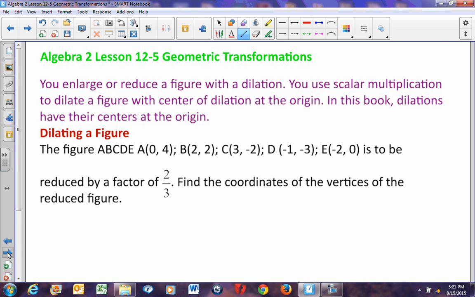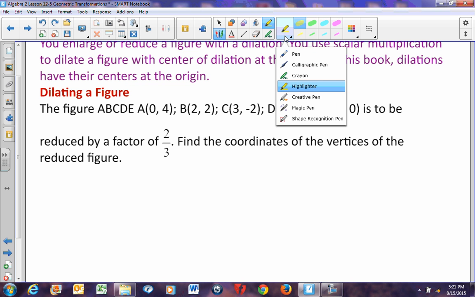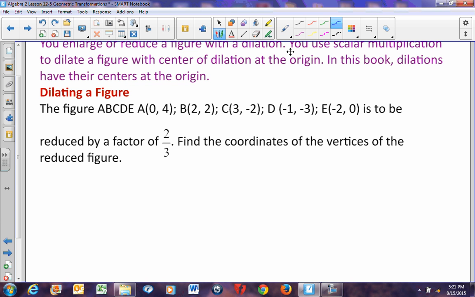Okay? So essentially, all I'm doing is taking 2/3 of the matrix 0, 4, 2, 2, 3, -2, -1, -3, -2, 0.